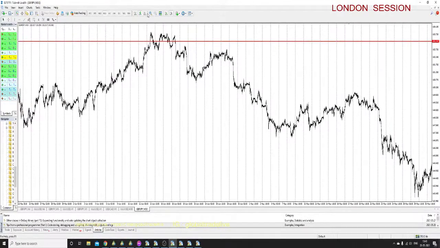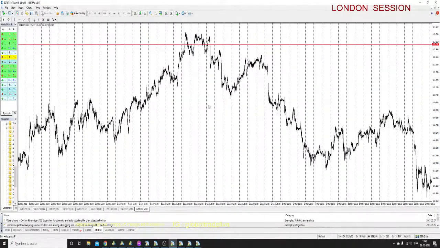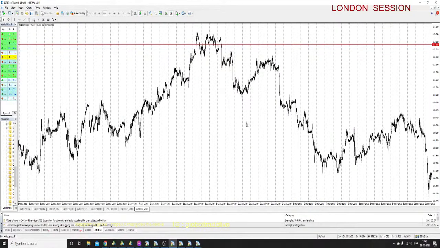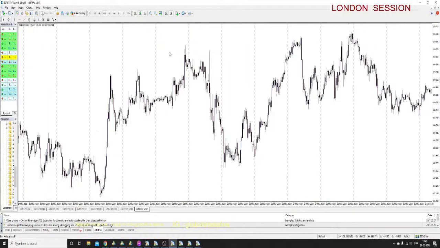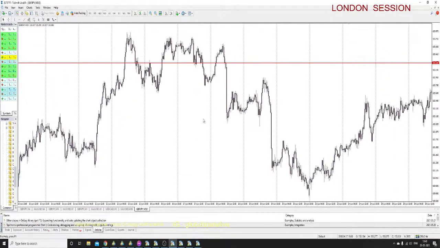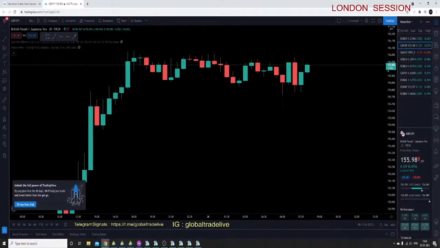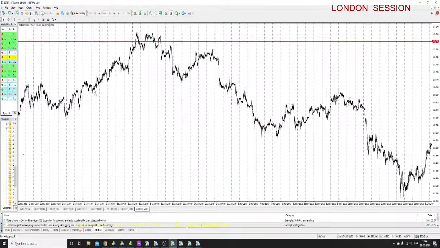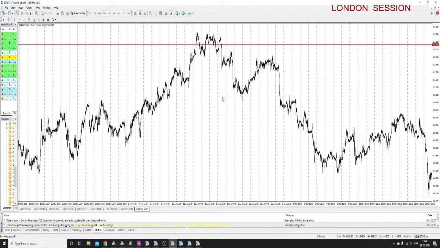Okay, so I think this is not the level. Oh, so there is no history at this point. Alright, let's see. 153.237. Let's see where the price is right now. 155. Okay, so we need to go back more, but the thing is, there is no history after this point.